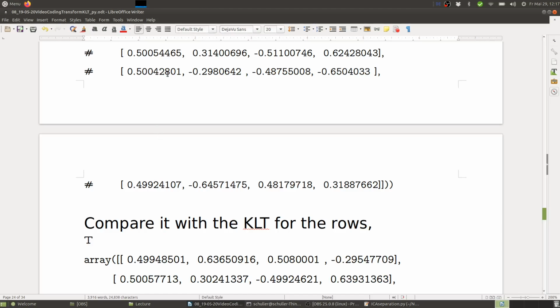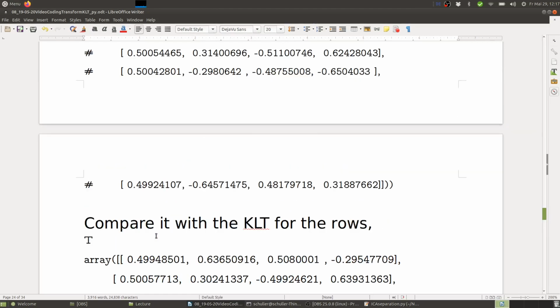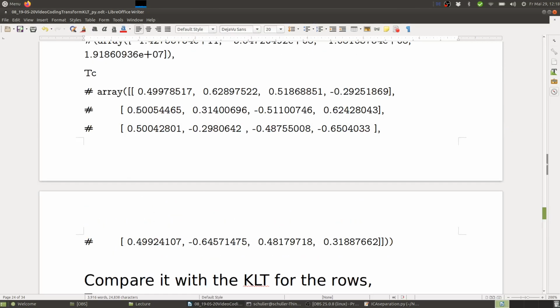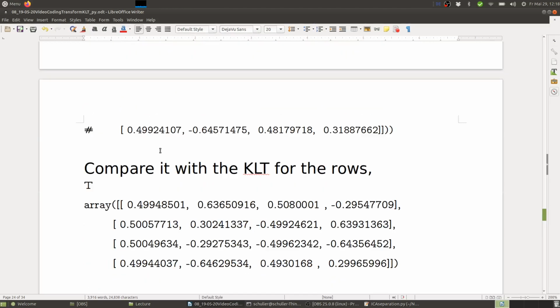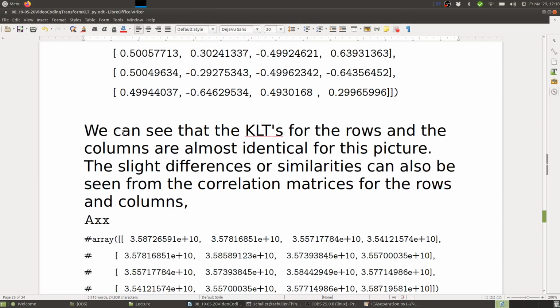Well, 428, and here we have 49. So like 1, 2, 3, 4 digits after the decimal point are identical. So that's pretty good. So for all practical purposes, this KLT for the rows is identical to the KLT for the columns. We can see that the KLTs for the rows and the columns are almost identical for this picture.